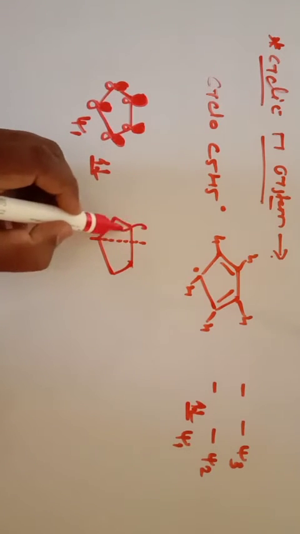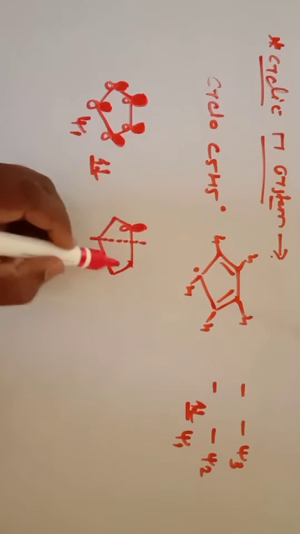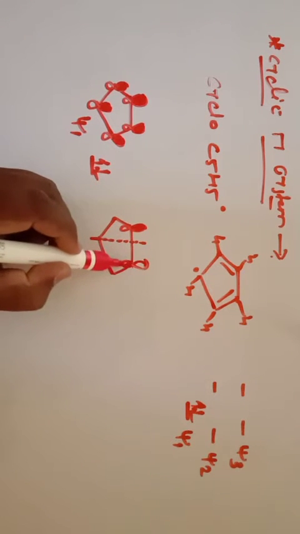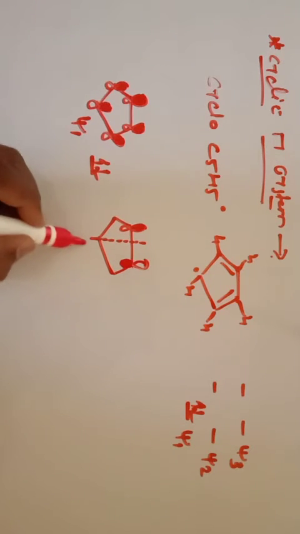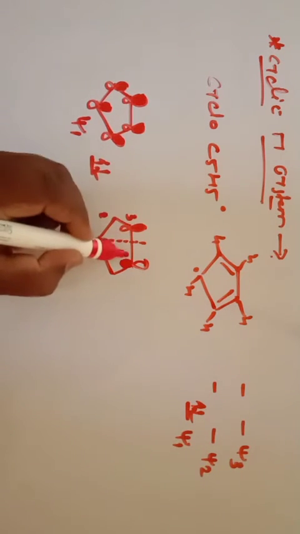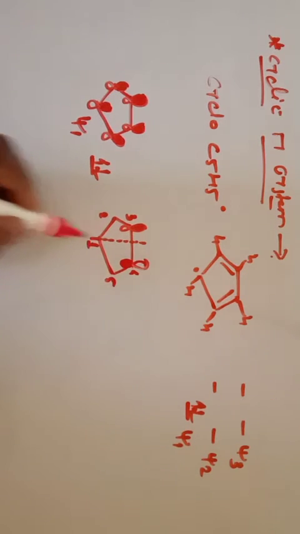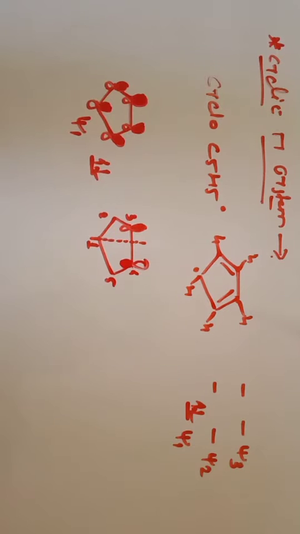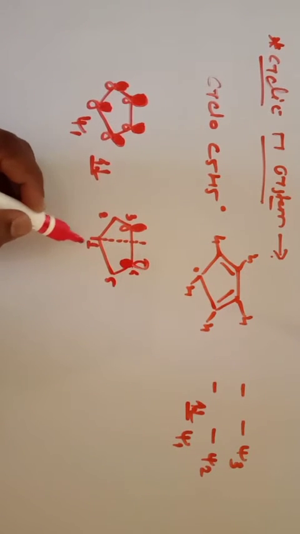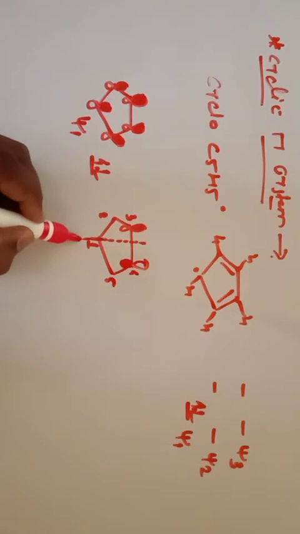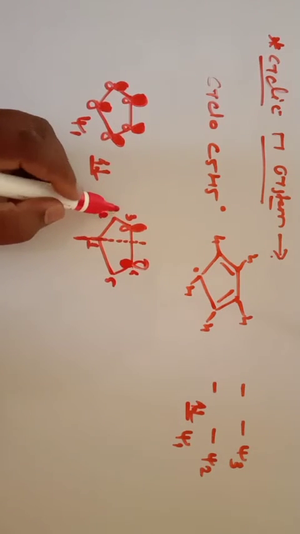If you consider the numbering, this is carbon number 1, 2, 3, 4 and 5. The node bisects the molecule passing through carbon number 1.